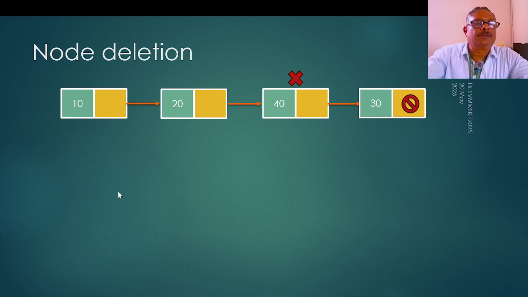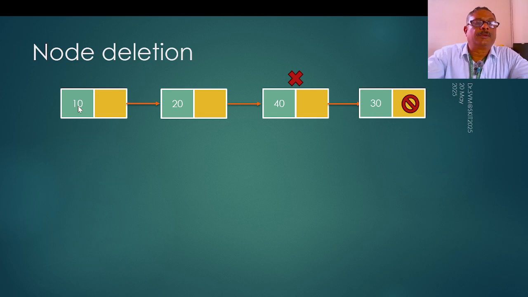If yes, this has to be deleted, and then the second node should be made head. The simplest thing would be to call the second node the head of the linked list and then delete this. But that is not the case here.